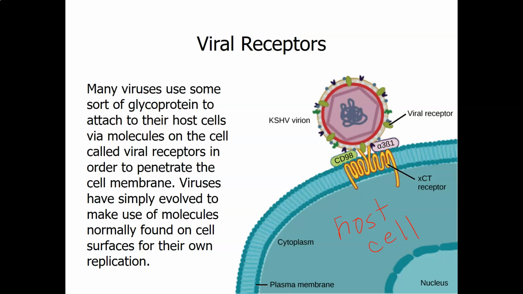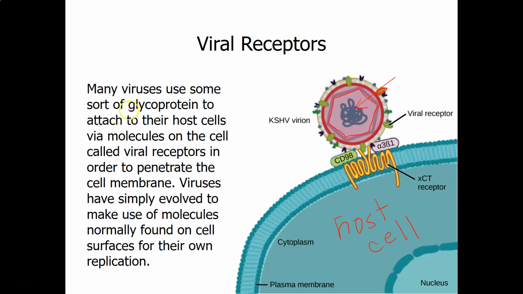And this particular virion has its nucleic acid core, and then it's got a protein capsid, which looks to be some kind of polyhedral shape, and then it has an envelope, and then attached to the envelope are these little green glycoproteins.